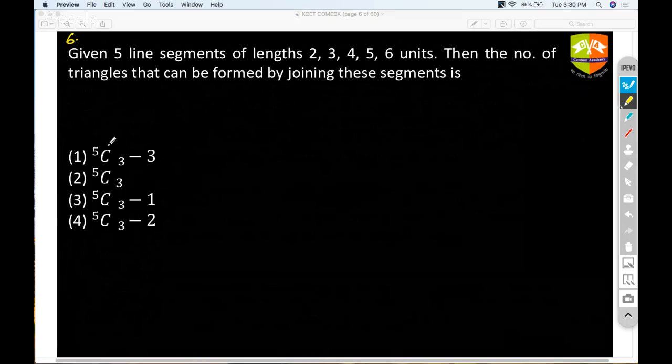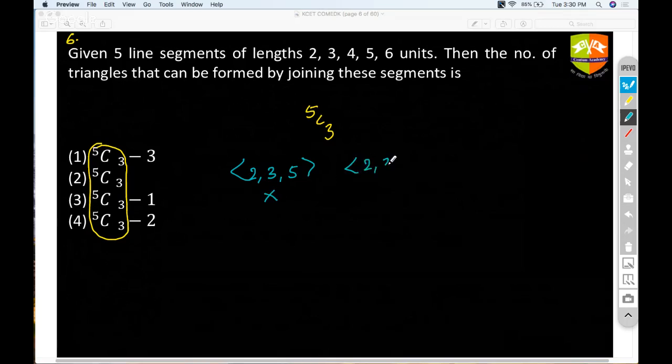Okay, first of all, it is clear that 5C3 will appear in one of your answers because you are choosing 3 from 5. So that's 5C3, obviously. Now, these minus signs signify which of the cases cannot form a triangle. So as per my calculation, I can never form a triangle with this combination, right? No triangle is possible.